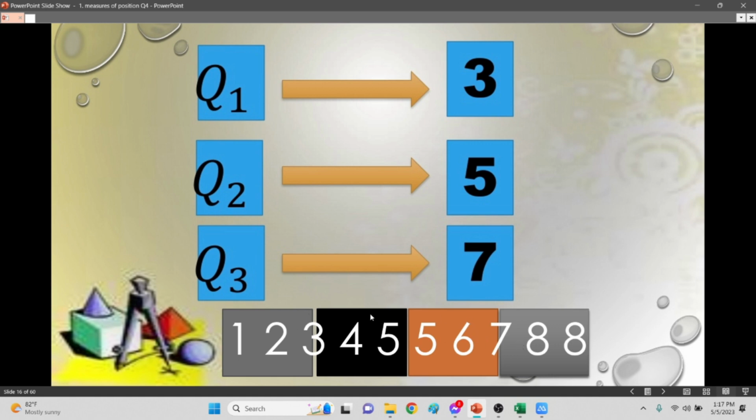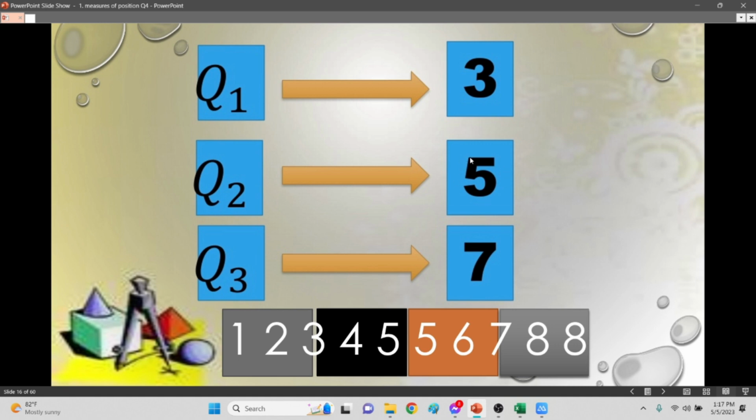And as you can see, our Q2, on the third question or step, is the middle of the total scores. Nasa gitna siya ng buong mga scores. And that value is equal to 5.